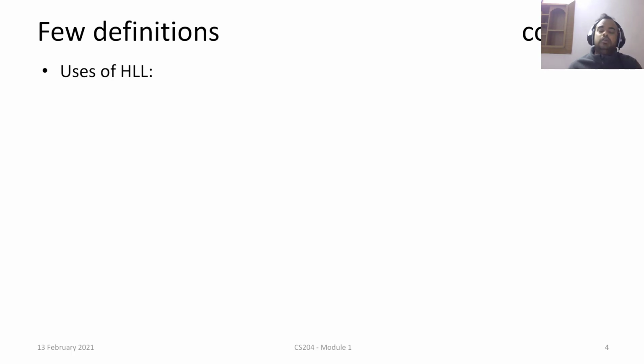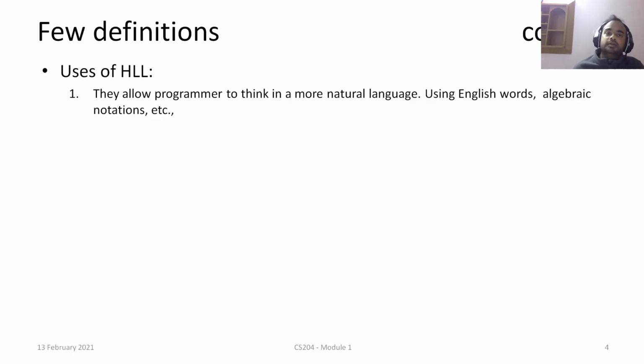What are the uses of high level language? They typically allow the programmers, us, or the end users to think in more natural language and use words which are simpler for them. So the statements we write in this language are more familiar to the humans or end users than the computer.